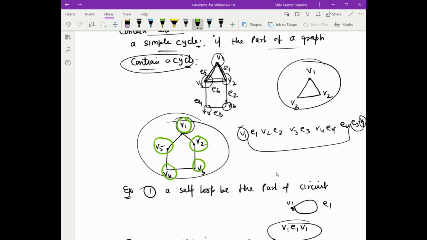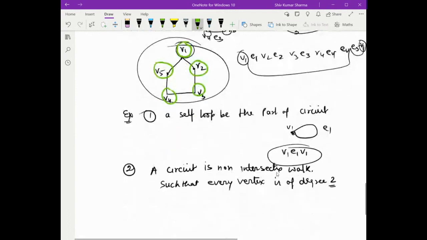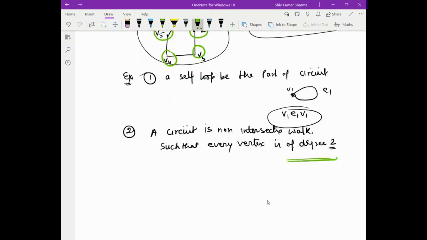So every vertex has degree 2. When any vertex has degree more than 2, the edges will intersect, so we cannot visit a particular edge sometimes.